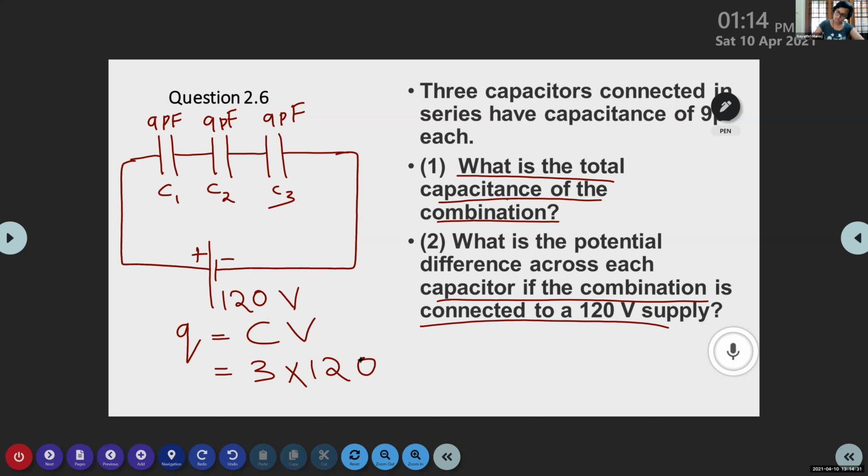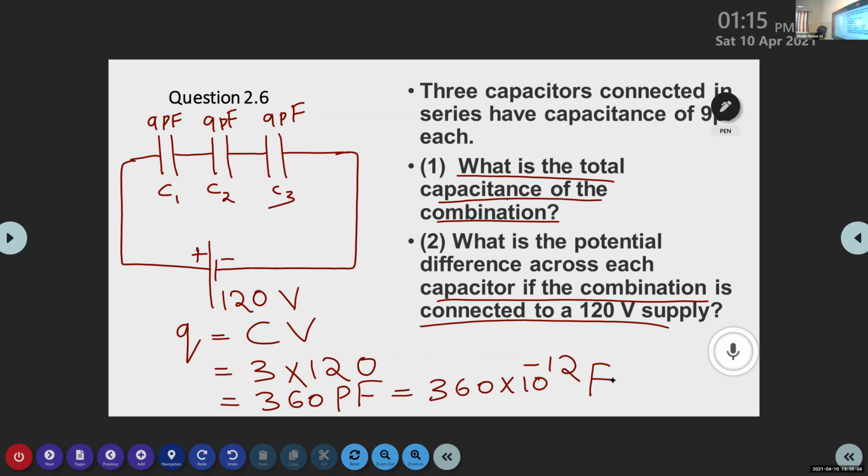So what is the charge Q? 360 picofarad. Yes. 360 picofarad. Or we can write 360 into 10 raised to negative 12 farad.